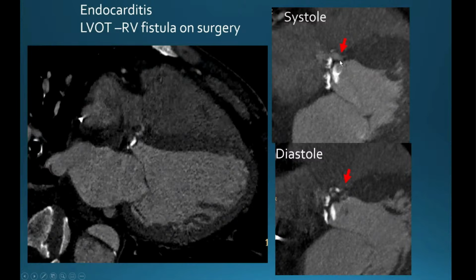As you can see here, there's a passage of contrast during systole and none during diastole, and this was confirmed during the surgery.